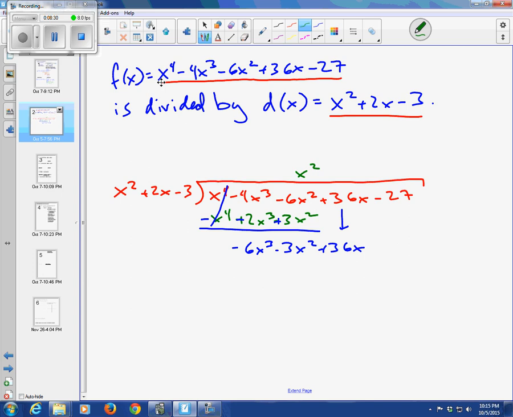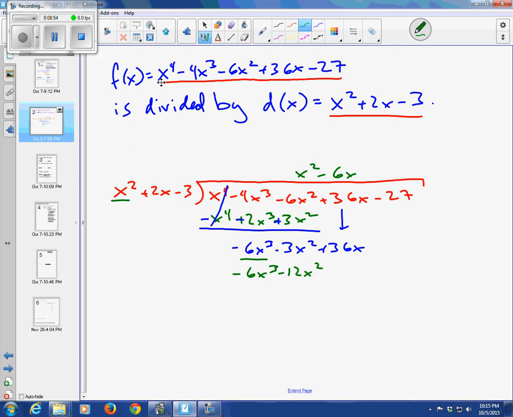Okay, next term to cancel out is negative 6x cubed. So we're going to say, what do we need to multiply x squared by in order to get negative 6x cubed? And that's going to be a minus 6x. So we distribute that negative 6x through, and we get negative 6x cubed, and then we're going to get a minus 12x squared.